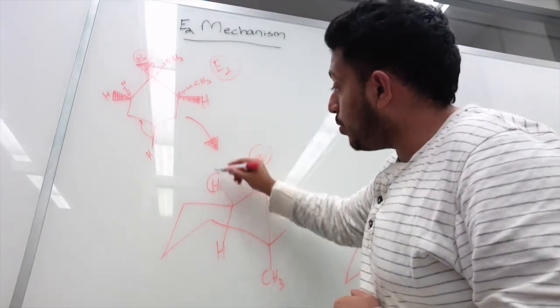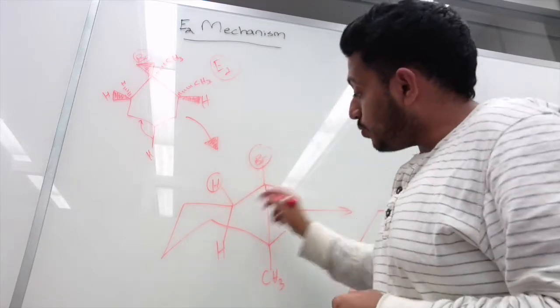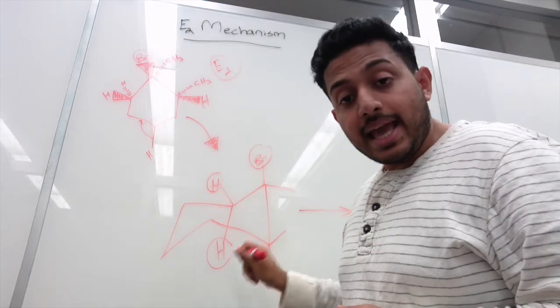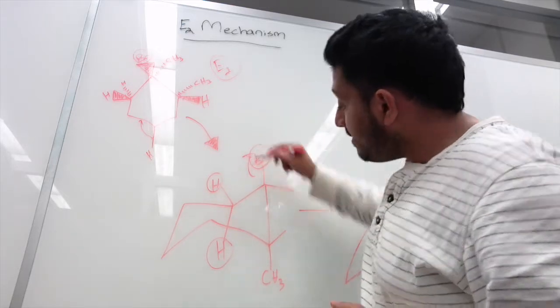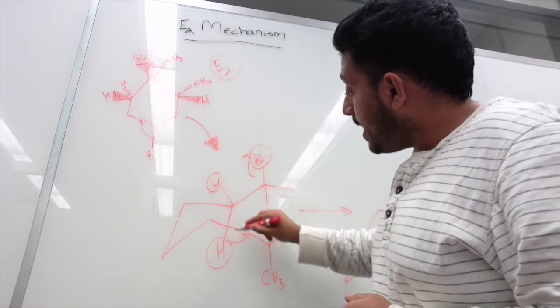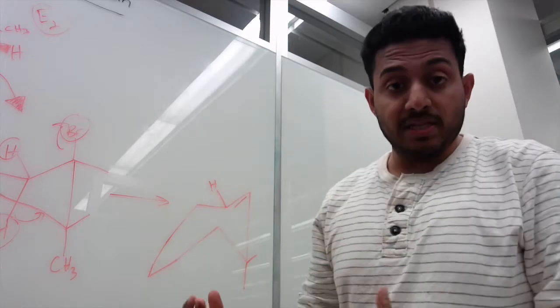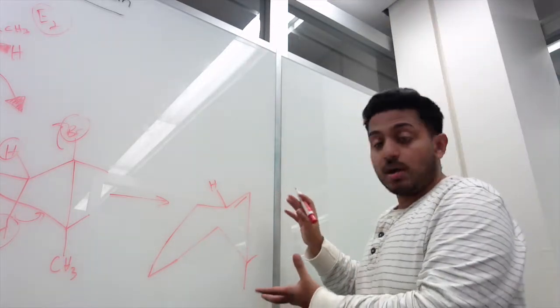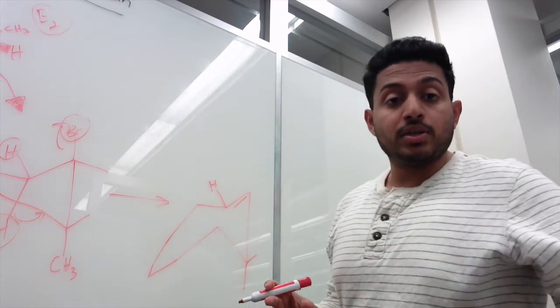Now, this hydrogen will not be the anti hydrogen because it is on the same side. This is exactly why this will be the anti hydrogen, because it is the complete opposite of the bromine. So this bromine will leave, and this will become a double bond. This is a basic product from what I was talking about with the bromine leaving group. This is basically the chair conformation right before we make the major product.